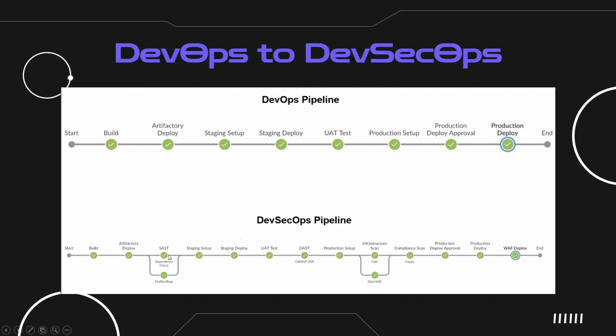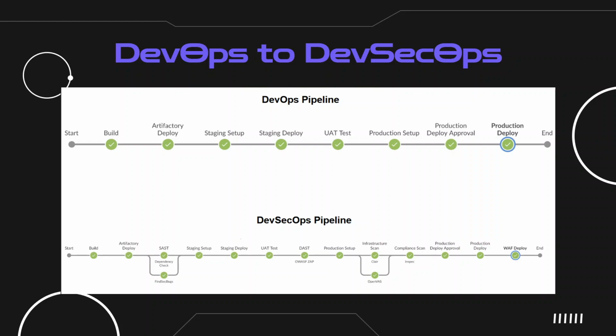As you can see, we have added Dependency-Check as a SAST tool, and after that we have added OWASP ZAP as a DAST tool. For infrastructure scan we have used the CLI tool OpenVAS, and there are multiple tools; for the compliance scan we can use the InSpec tool. This is just for understanding how a DevSecOps pipeline will look.